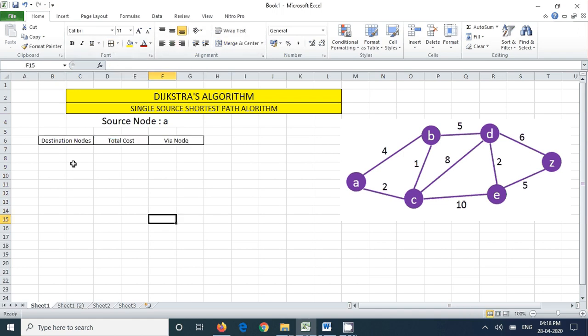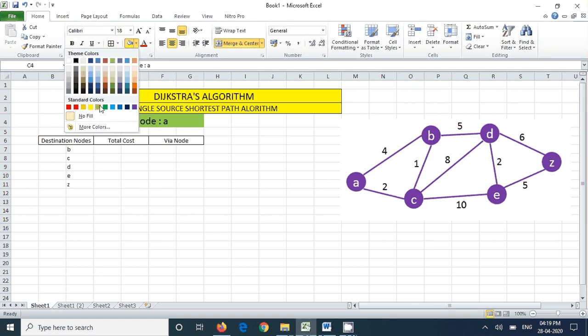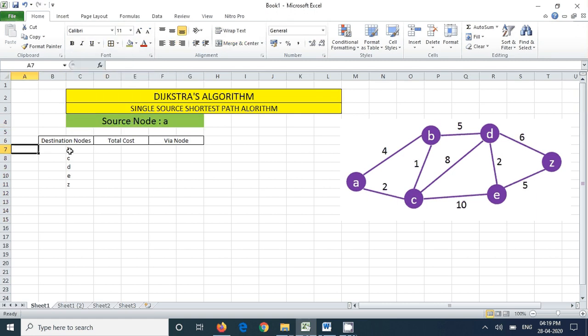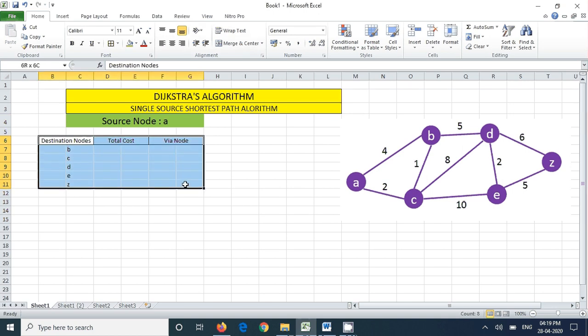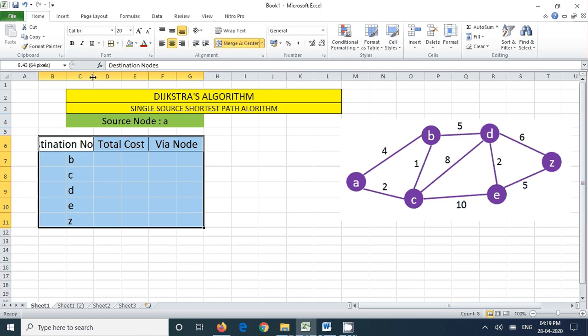So we'll have the nodes B, C, D, E, Z. Totally 5 destination nodes. Source node is A. We are going to work out how the path is found.